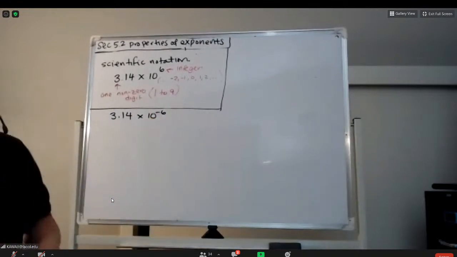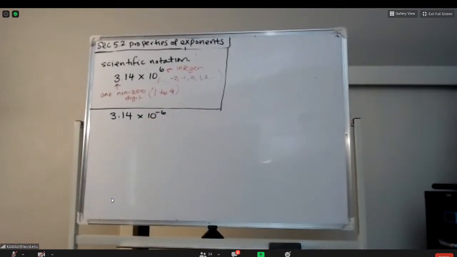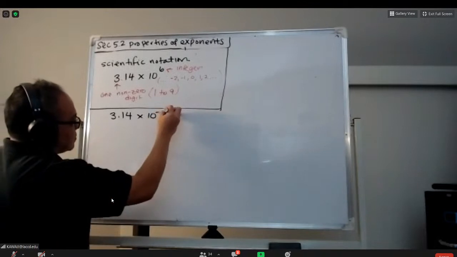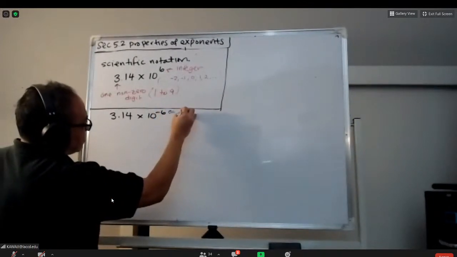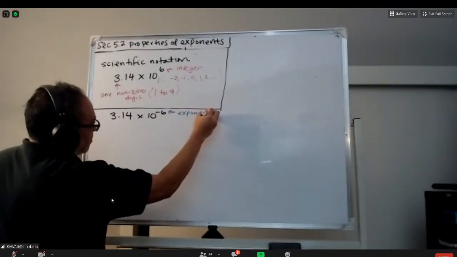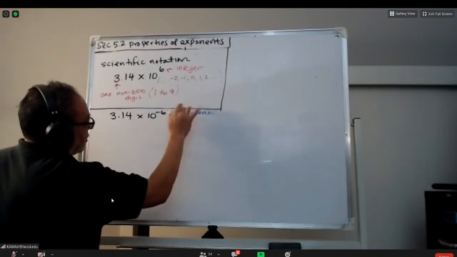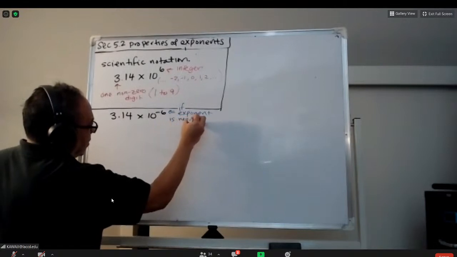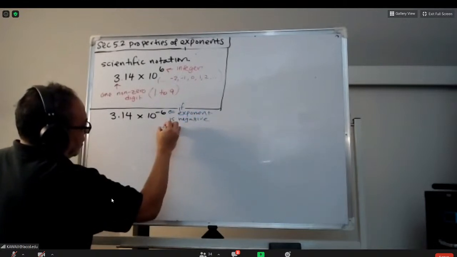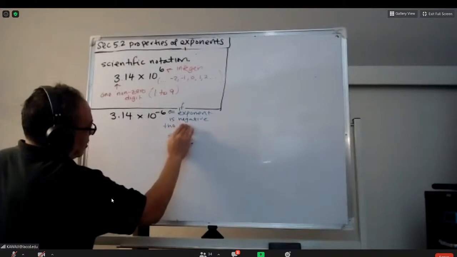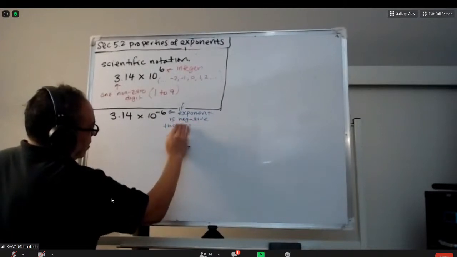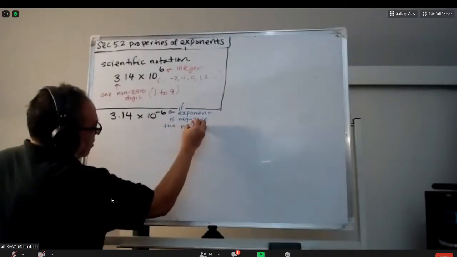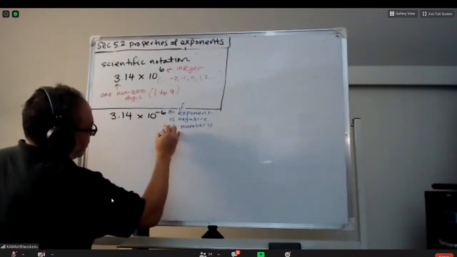If the exponent is negative, then the number is smaller than 1.